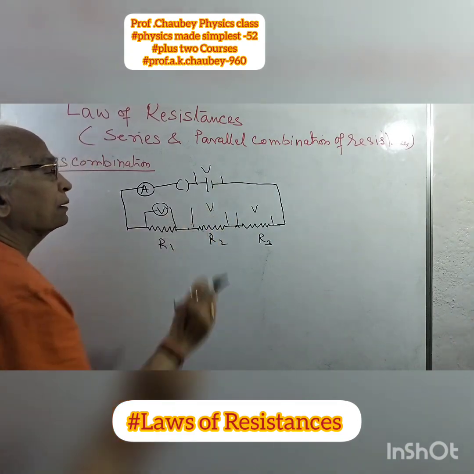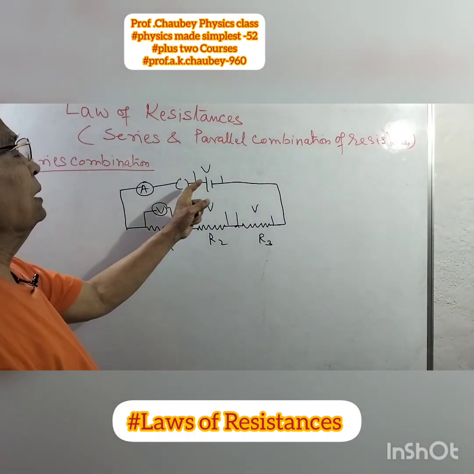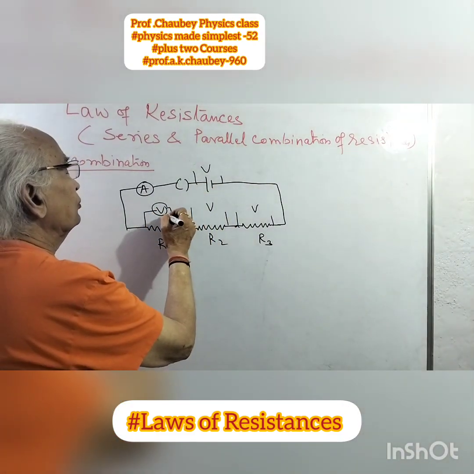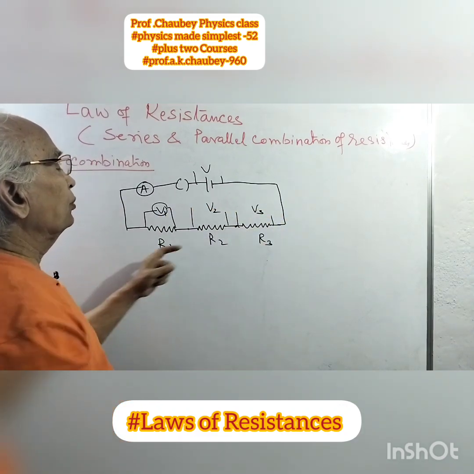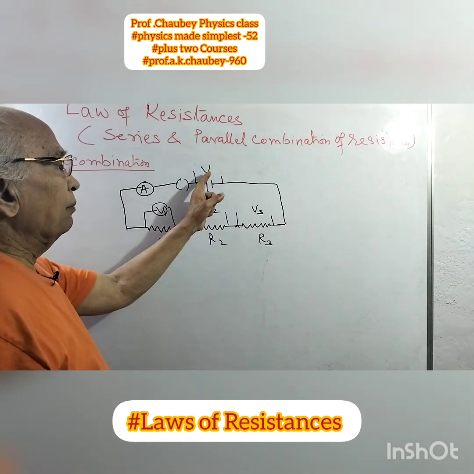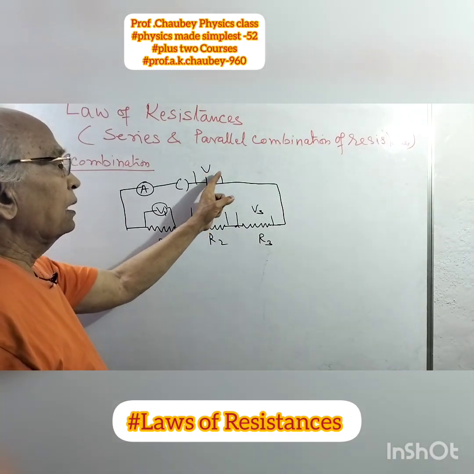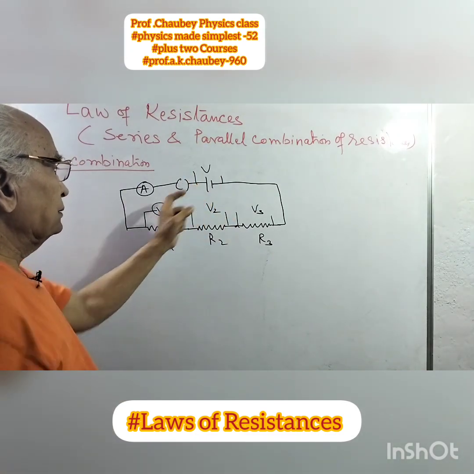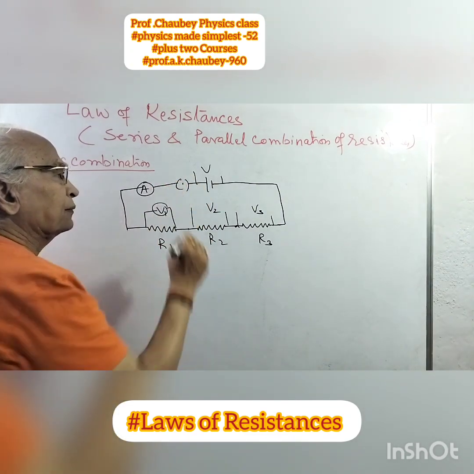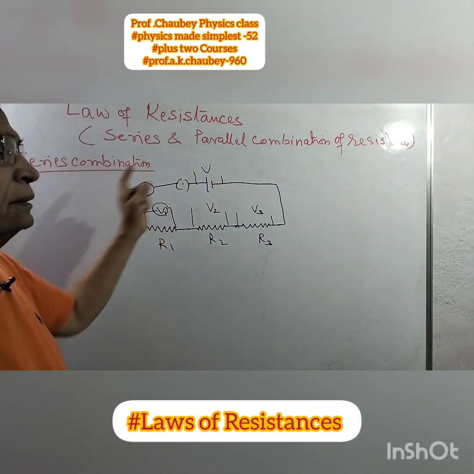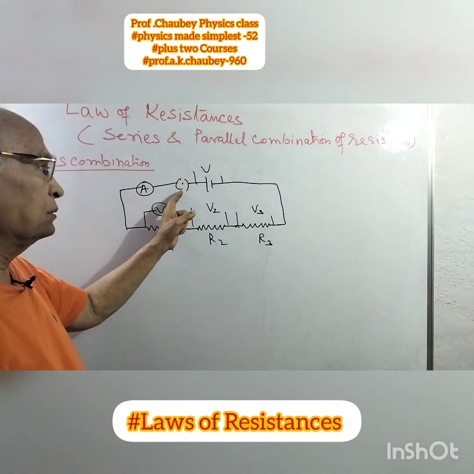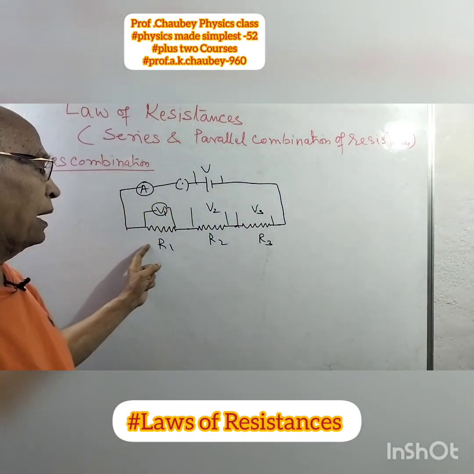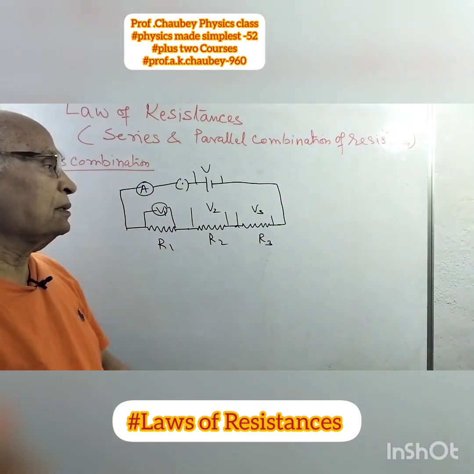So this voltmeter has multiple functions. This measures this voltage V1, this measures V2, this measures V3. Means voltage across the resistances, and there is a cell also. And this is the key, so we connect the key. So we connect this series combination: battery, switch, that is the key, ammeter, and all 3 resistances in series.